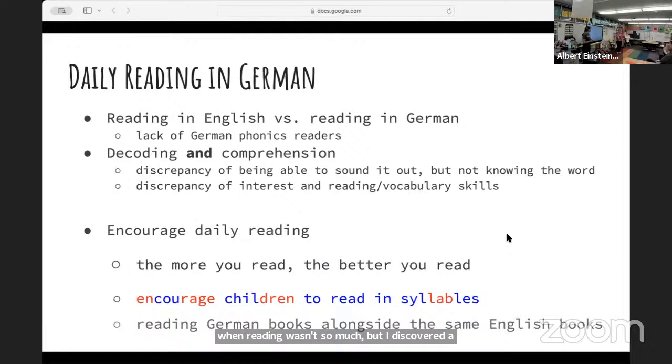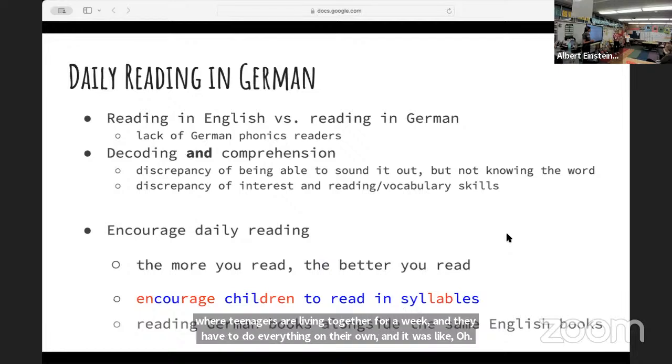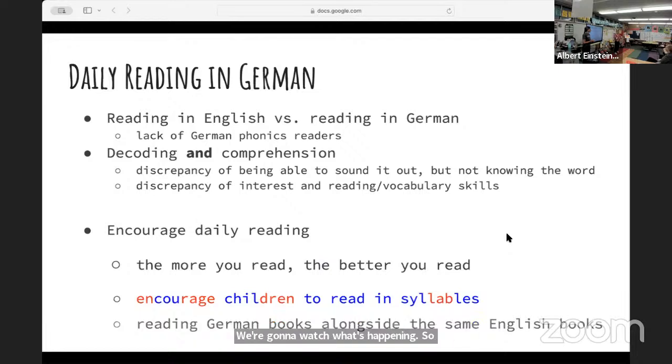I just Googled what is hip with teenagers, and there was this vacation home or something where teenagers are living together for a week and have to do everything on their own. And it was like, oh, we're going to watch what's happening. So suddenly German TV was a hit in my house. It hadn't been for a long time.